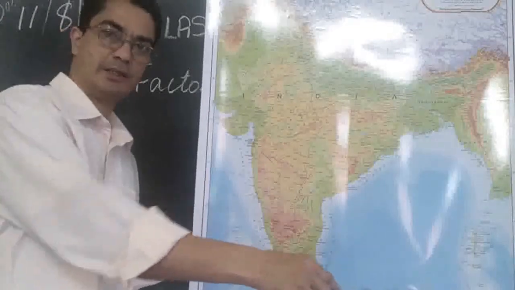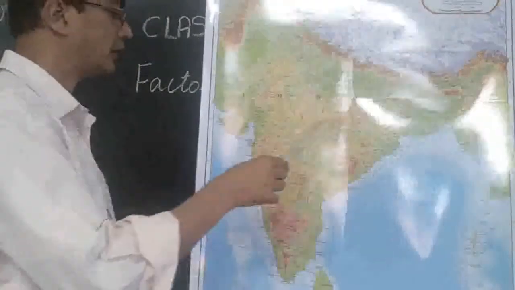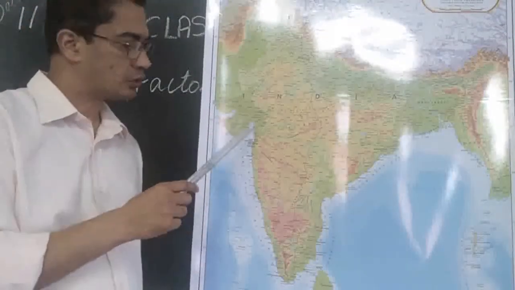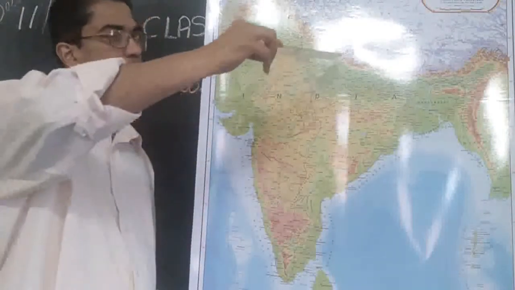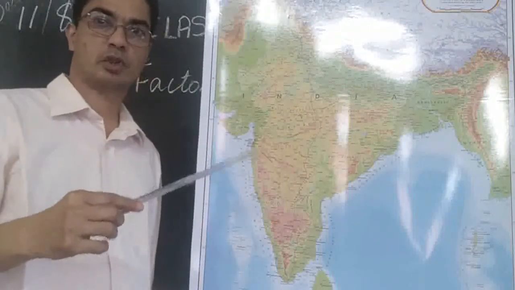And equator is there, and above the equator we have another line that is called Tropic of Cancer. So above, yesterday we said the area above the Tropic of Cancer, that is called subtropic.